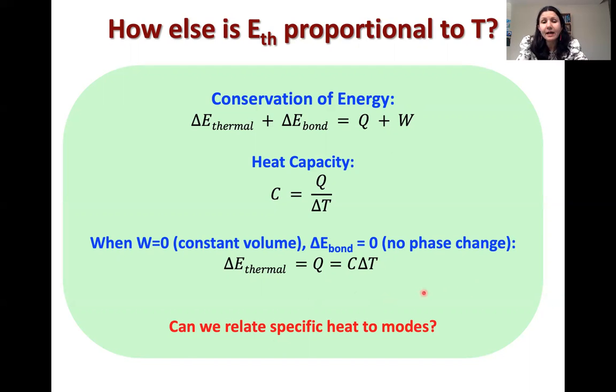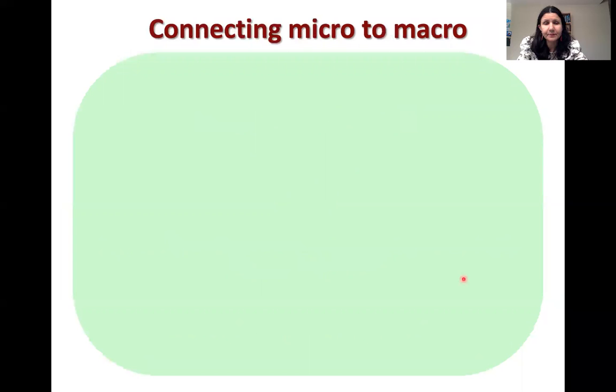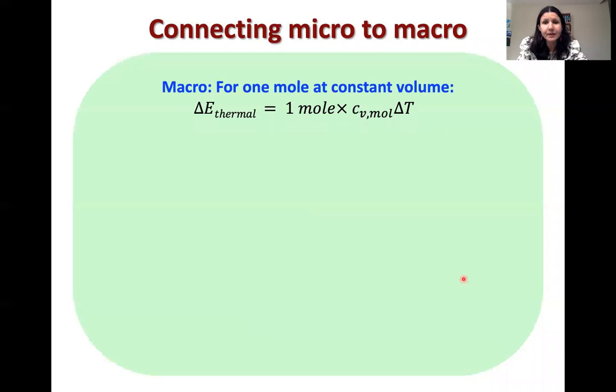So can we relate this, the specific heat capacity and then specific heat, to the modes that we've been talking about? Macroscopic is something that's on the order of 1 mole, and we're focusing here on constant volume. This is what allows us to set work to 0. Using our original definition of thermal energy, we can put in 1 mole, and then we define the specific heat.